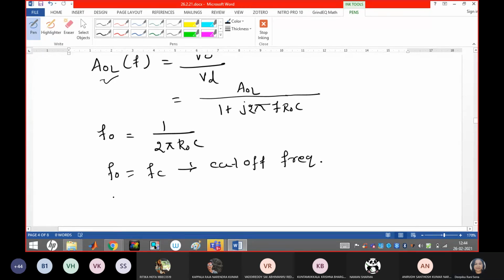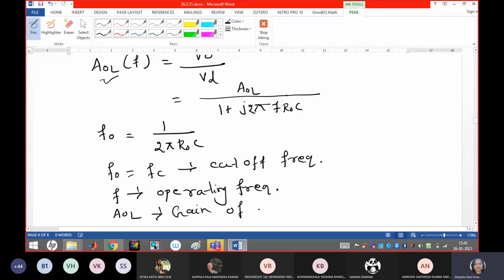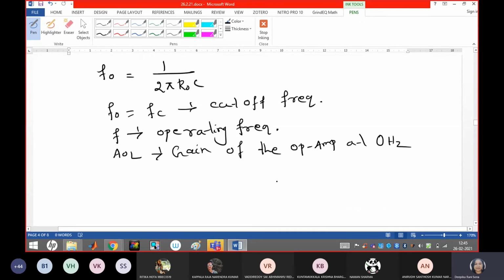And f stands for the operating frequency. And AOL only represents the gain of the op-amp at 0 Hz, that is, you can also say the DC value with no frequency.